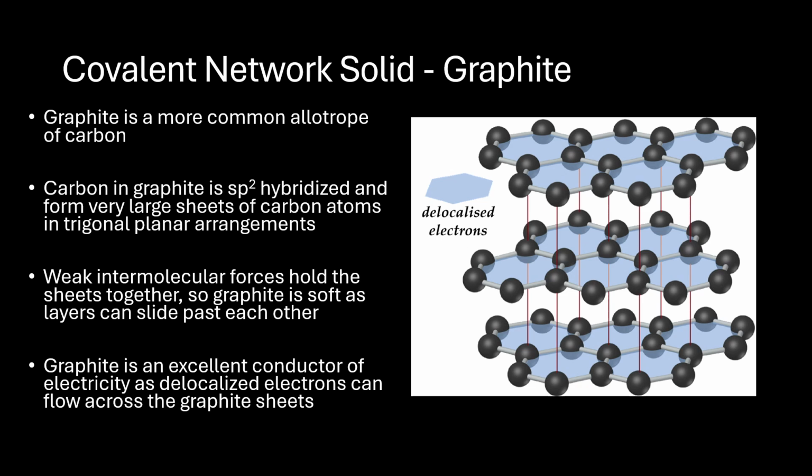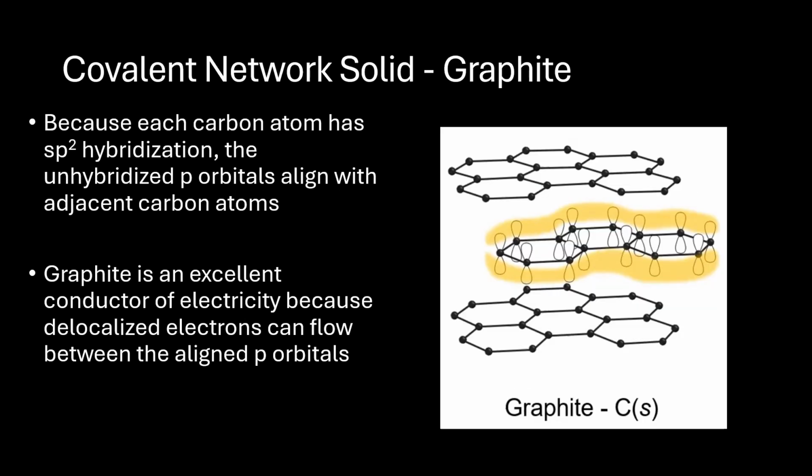Now, interestingly, graphite is a really excellent conductor of electricity because it has delocalized electrons that can flow across the graphite sheets. And you can see this in the picture. And here's another picture of that idea. We have the sp2 hybridization. Again, I don't foresee this being on the AP test, but they could for some reason ask you, so I'm showing you a picture of it. Because each carbon atom has sp2 hybridization, the unhybridized p orbitals align with the adjacent carbon atoms. You see that in this middle picture right here.